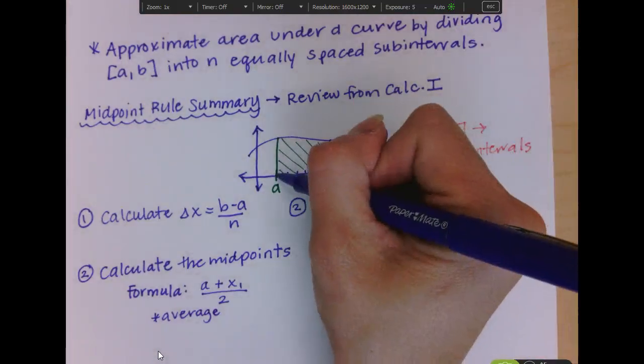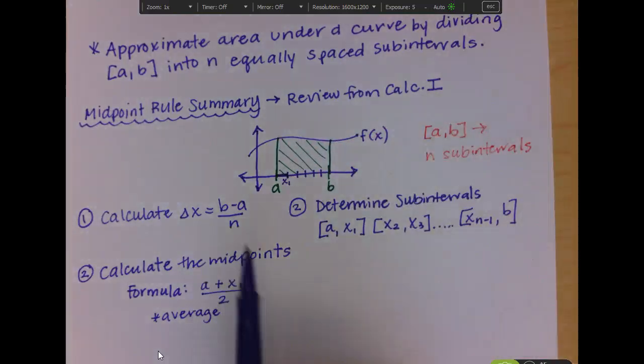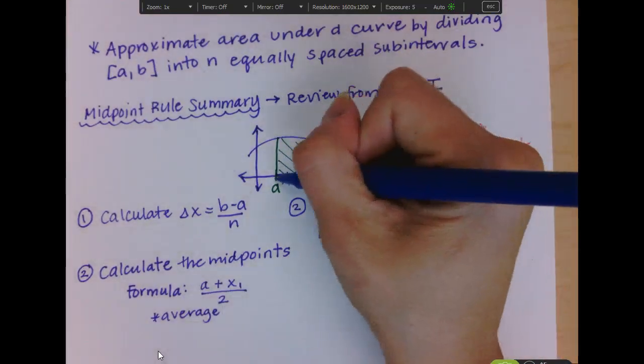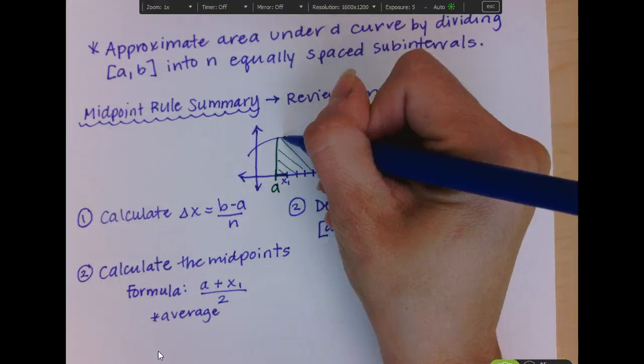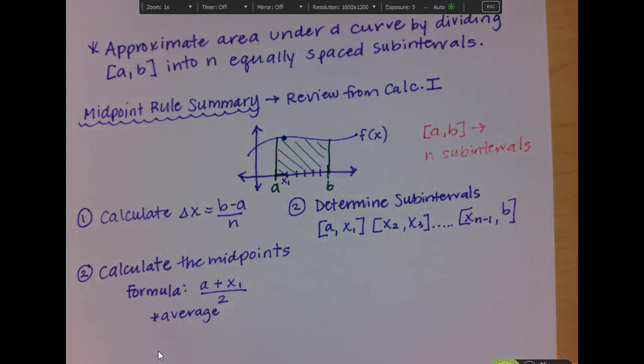So in the picture that I've drawn, let's say that this is our first interval from a to x sub 1. I'm going to locate the x value that is precisely in the middle of those two. And what I'm going to use that for is to determine the height of my rectangle.